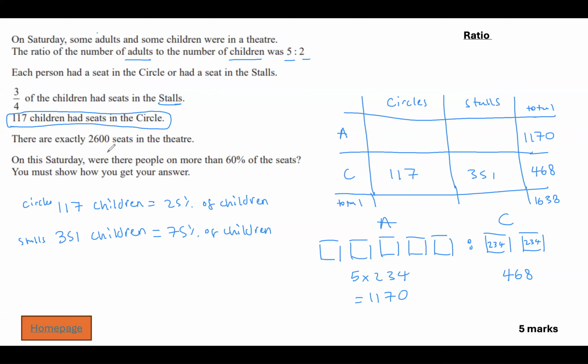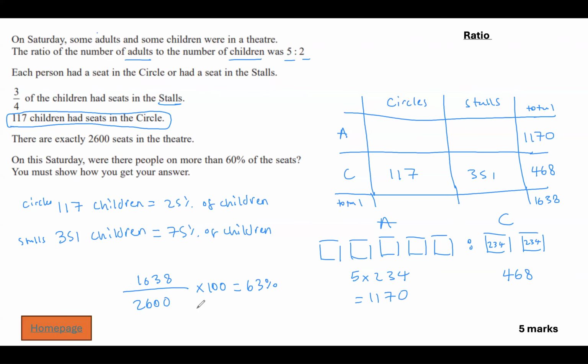So it says, were there more than 60% attendance, essentially? So if there are 2,600 seats available, we could do 1,638 over 2,600 times by 100 to turn it into a percentage. This is going to be 63%.